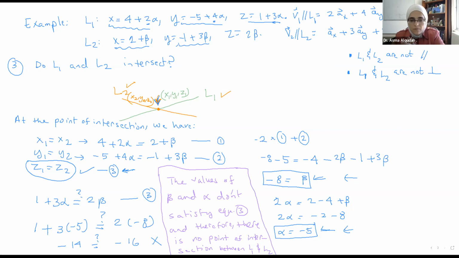Okay, so let's put the new result here. The new result is that L1 and L2 do not intersect.